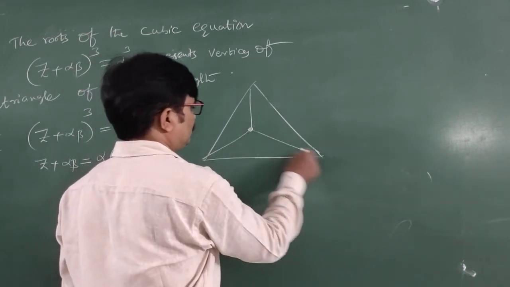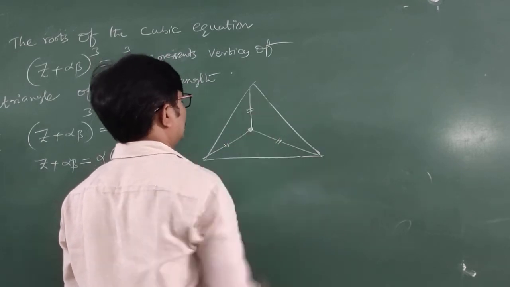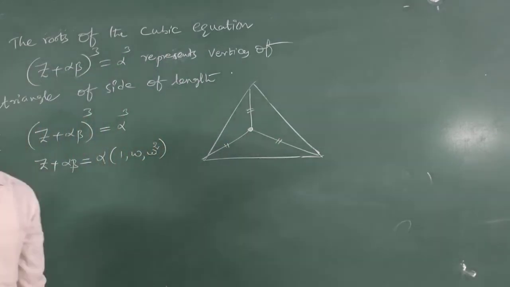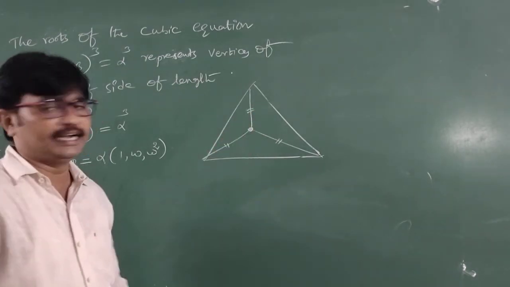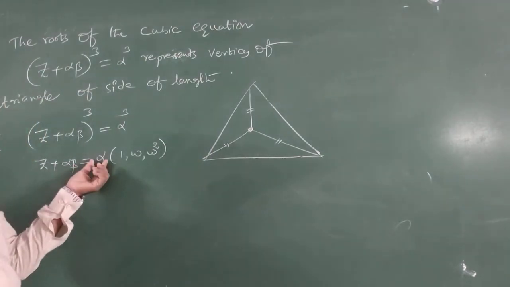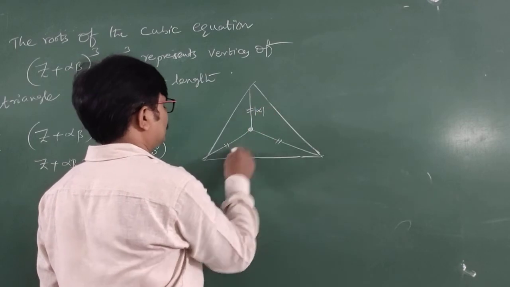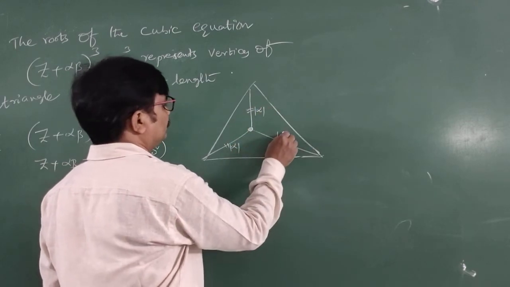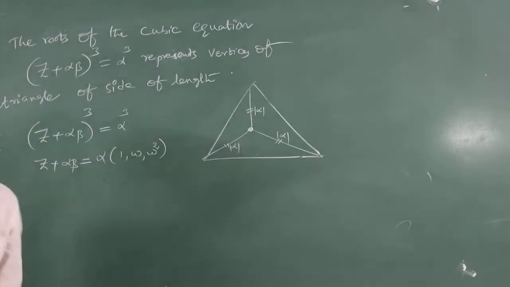So what we observed here: the center is (alpha beta, 0) and mod alpha is the radius. Here we get mod alpha, this is also mod alpha, this is also mod alpha. Is it clear?